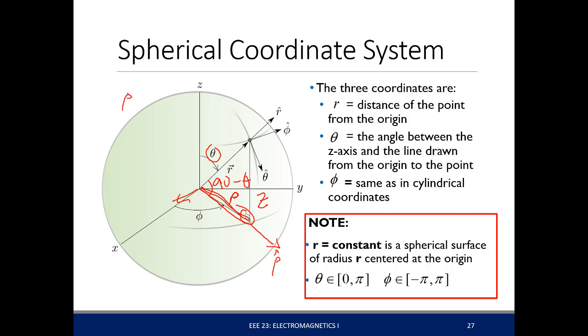You need rho hat dotted with r hat. That is equal to the magnitude of rho hat times the magnitude of r hat, both of which are 1, times the cosine of the angle between them. So that's cosine of 90 minus theta. By using the sum of angles formula, it's cosine 90 times cosine theta plus sine 90 times sine theta, and you'll get that this is equal to sine of theta.